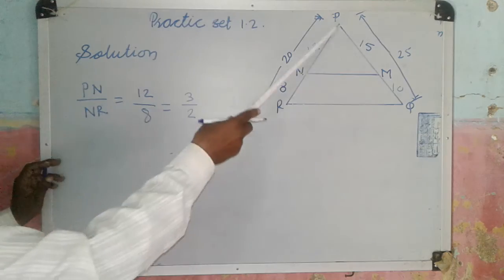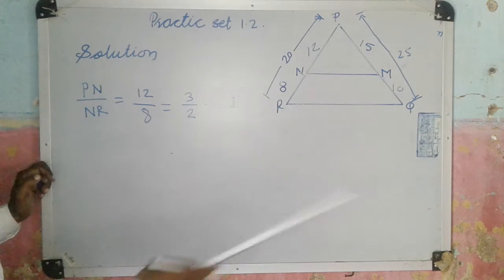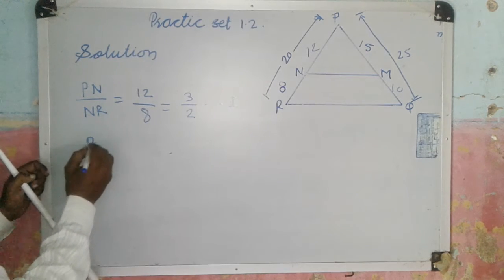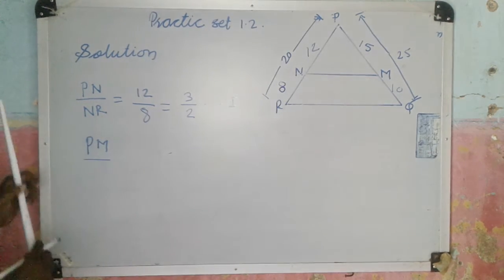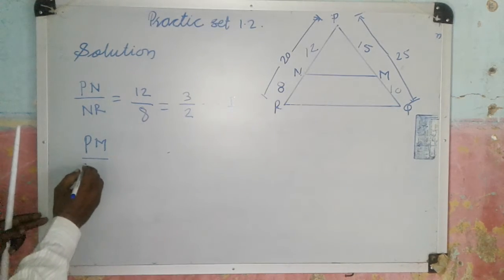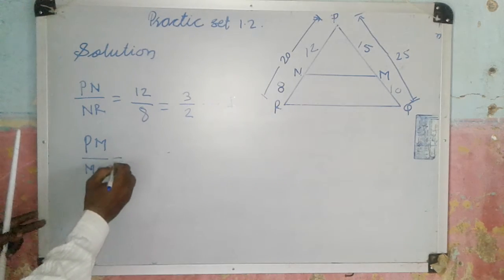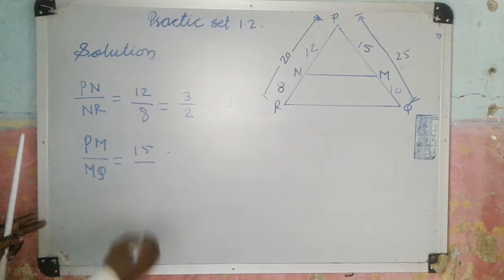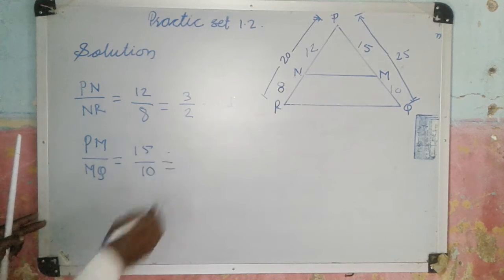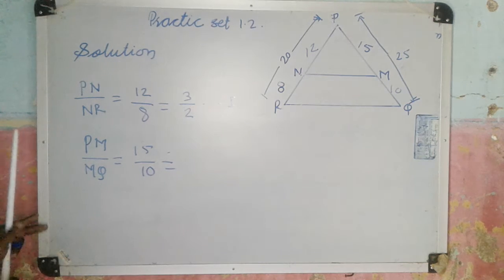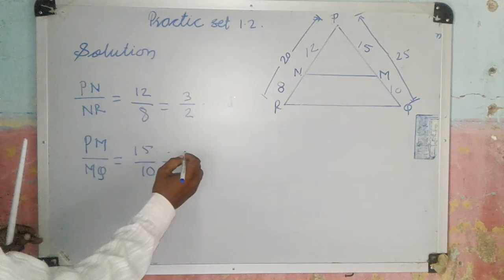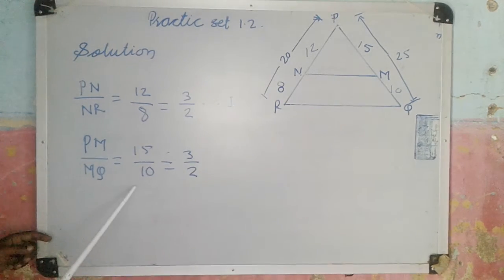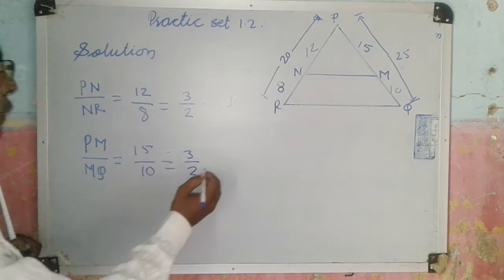Now we will take another ratio of PM to MQ. PM upon MQ. So PM is 15, MQ is equal to 10. So convert this into simplest form, we get here 5 3s are 15, 5 2s are 10. This is statement 2.